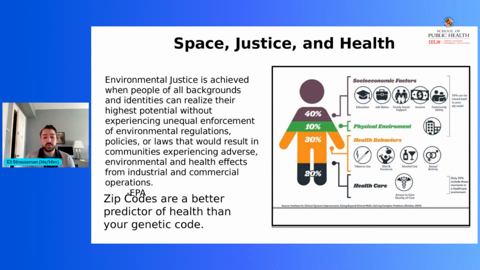So when we're thinking about how we organize an EJ screen, a tool that can take in a wide variety of data and synthesize it to a single score that is informative, useful, and comprehensive, it's no small feat. As you can see in the breakdown on the right, there are a lot of different factors that go into someone's general well-being.